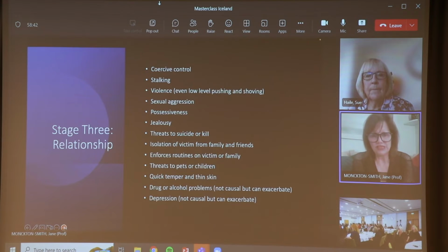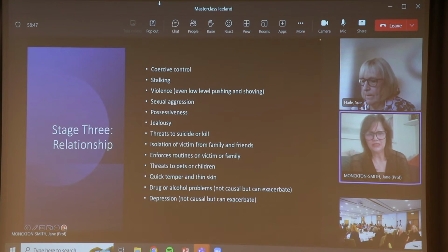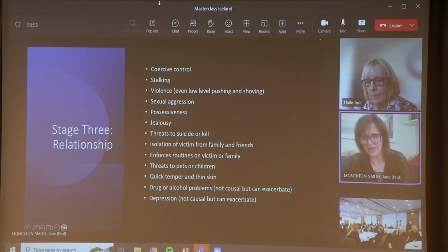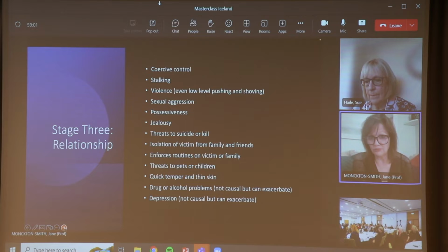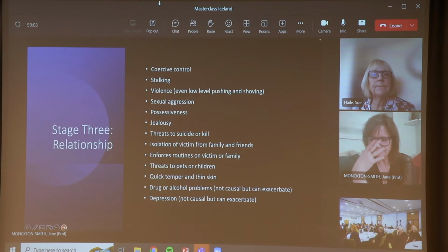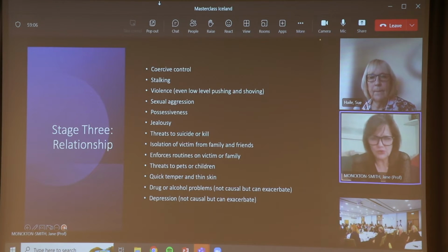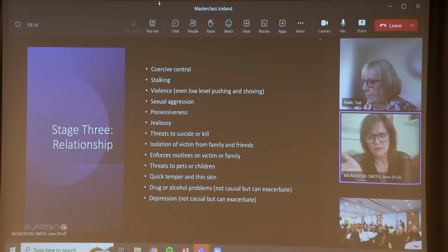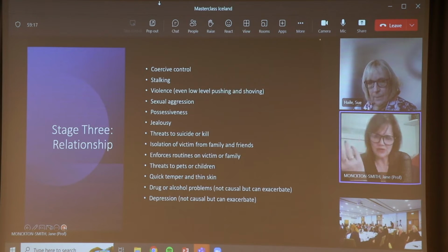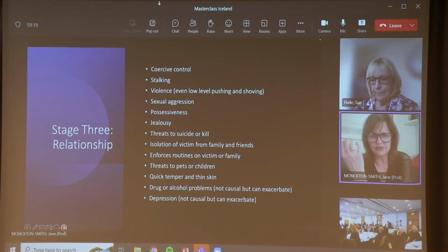So stage 3 is the relationship stage. So we've come out of stage 2, they've got their commitment, and now what we have is a relationship dominated by controlling patterns. There could be violence, there might not be. And we've just put some of the examples of tactics they might use to enforce control or manipulate compliance, get this person to start being compliant with everything they want.